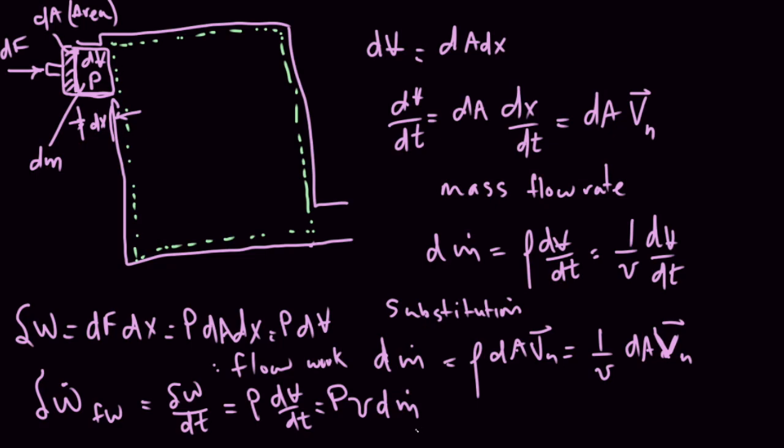So therefore, in rate form, dW dot, the differential of work that's used to push this little slug through the control volume, is equal to pressure times specific volume times dm dot.